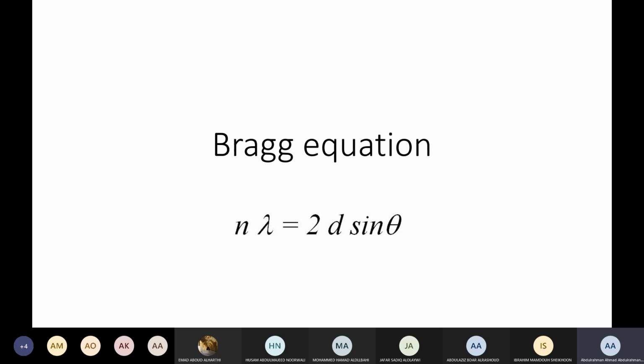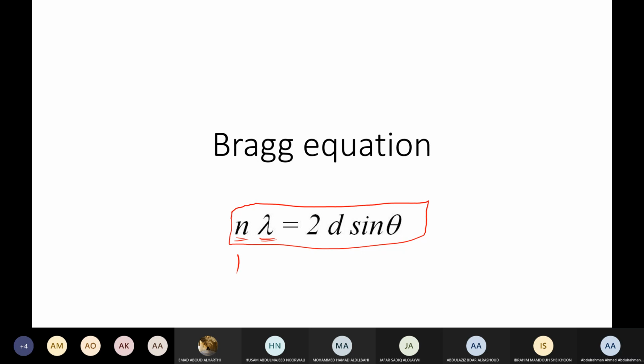Don't forget the Bragg equation. I'm sure there will be one question in the final on the Bragg equation. Remember it very well. n lambda equals 2d sine theta. What's n? Number of layers, which is usually 1. What's lambda?